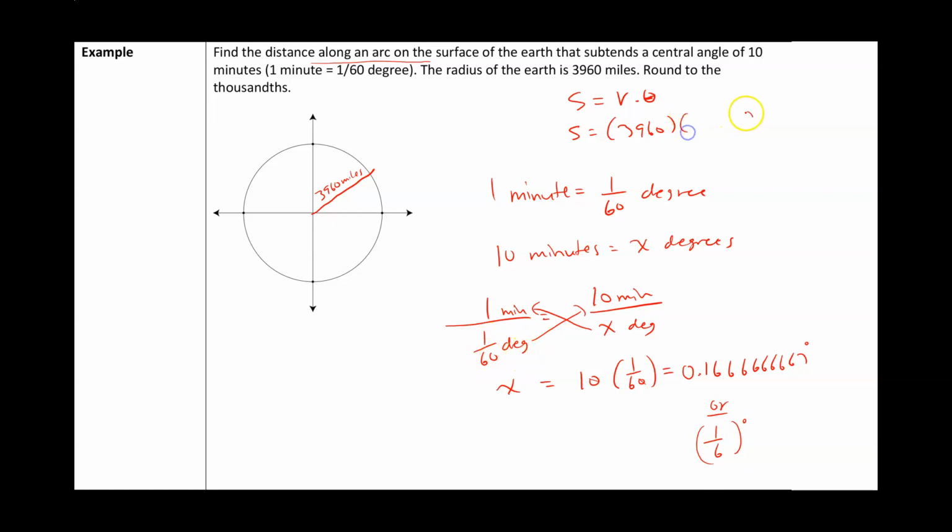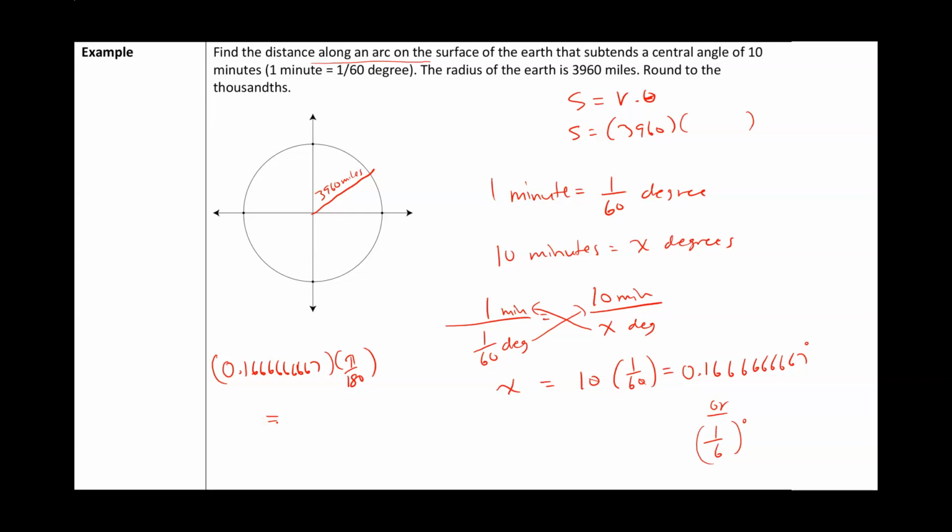We need theta to be in radians. So now we got to convert this into radians. So you can either take the 0.16667 or 1/6 of a degree, whatever you prefer. So I'm going to take the decimal form, 0.166666667, multiply that by pi over 180 because I need to convert this into radians.